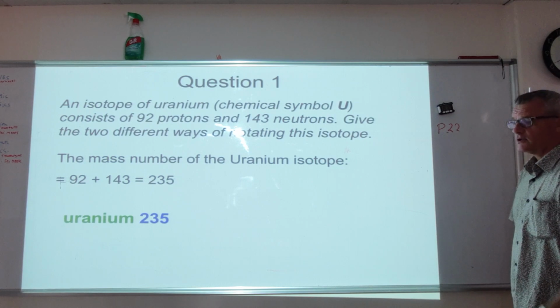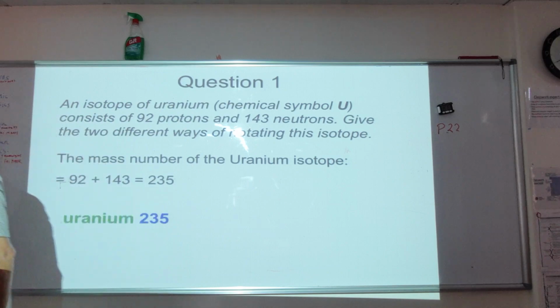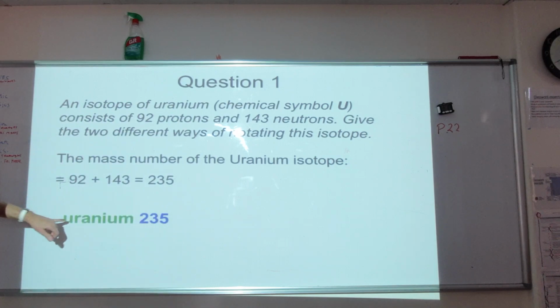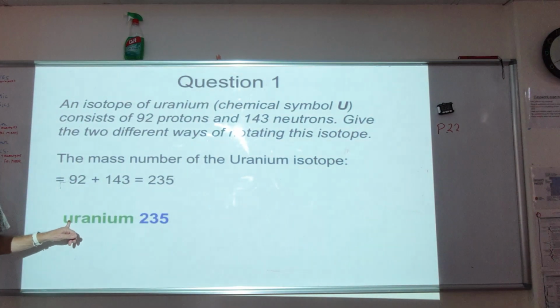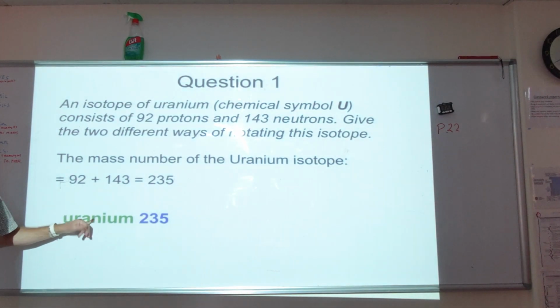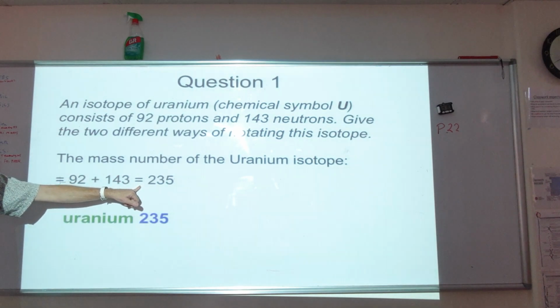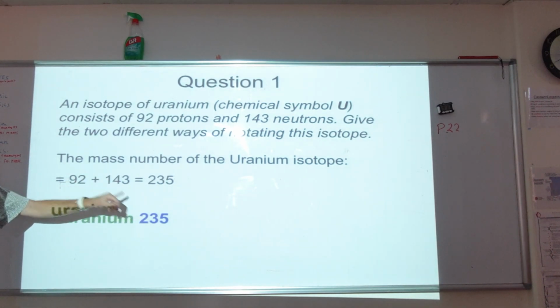Okay? Why can we say uranium 235? Well, if we talk about uranium, it only has one specific amount of protons. So we know that. Only the isotope can be different, which is determined by the neutrons, which can change.